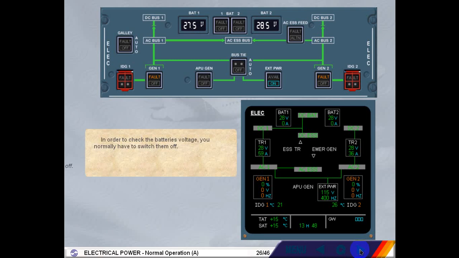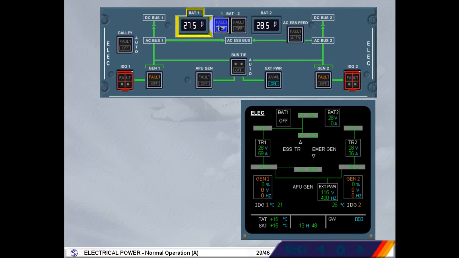Switch BAT1 off. You can check on the panel that the voltage of battery 1 is normal.